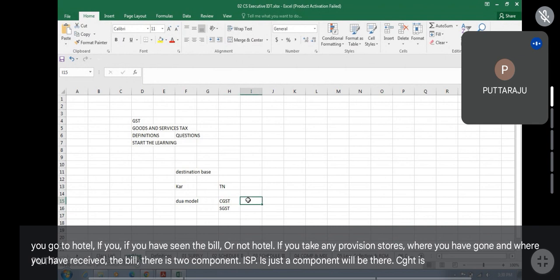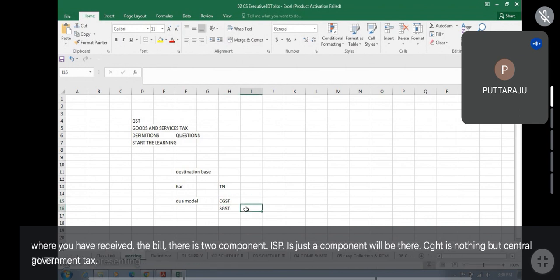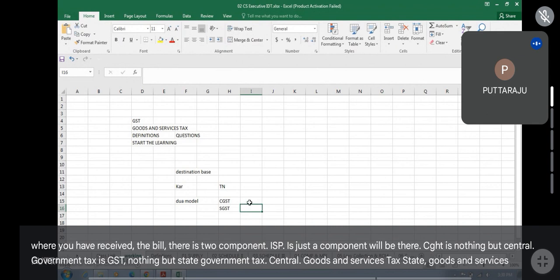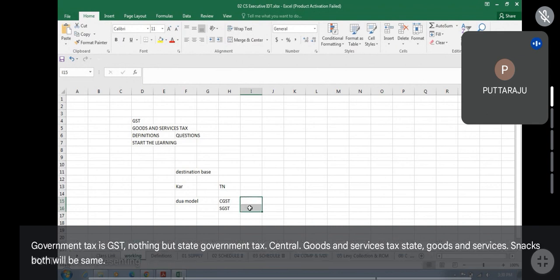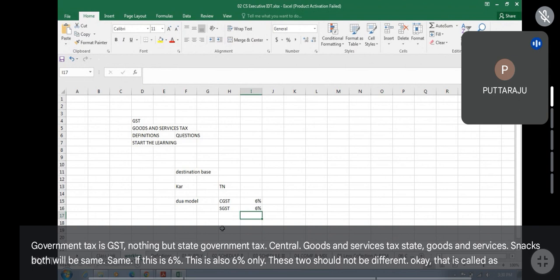CGST is nothing but central government tax, SGST is nothing but state government tax. Central goods and services tax, state goods and services tax, both will be the same. If this is 6%, this is also 6% only. These two should not be different. That is called the dual model.